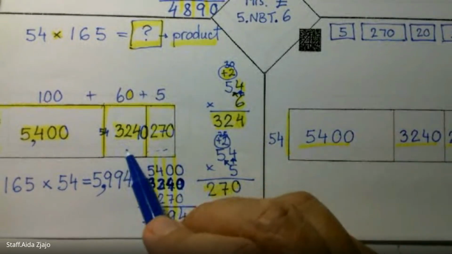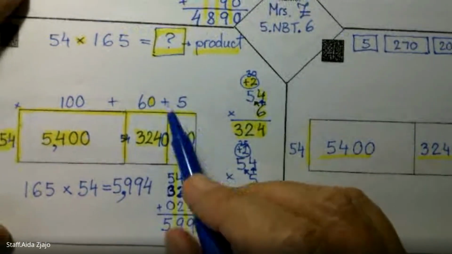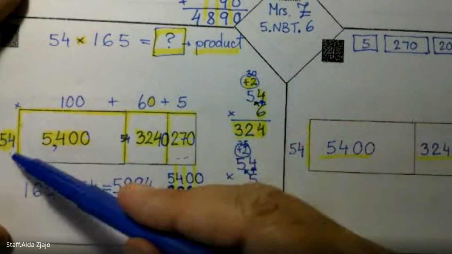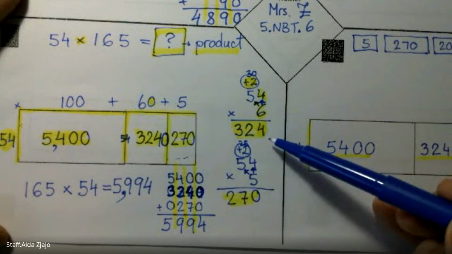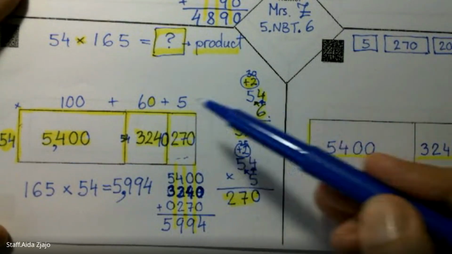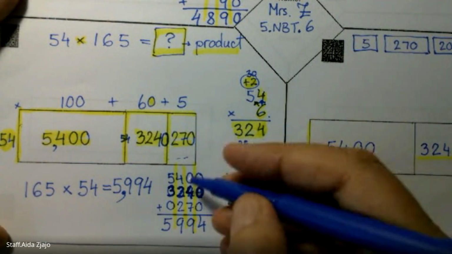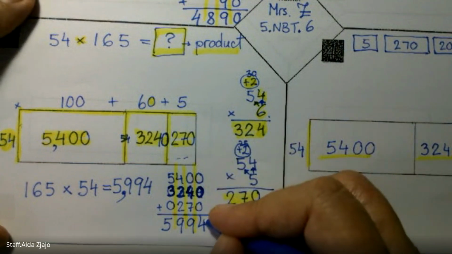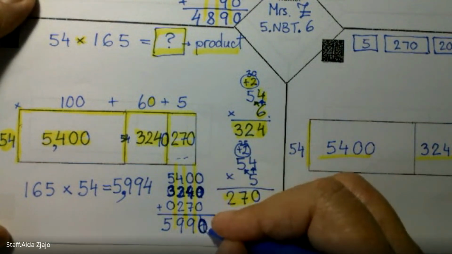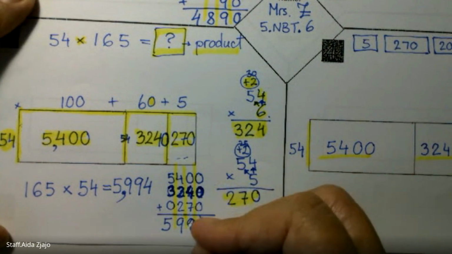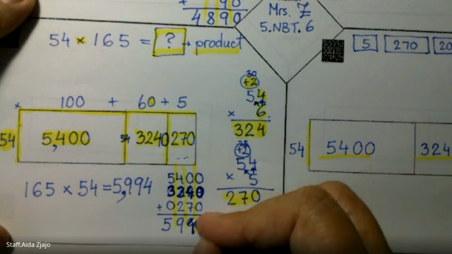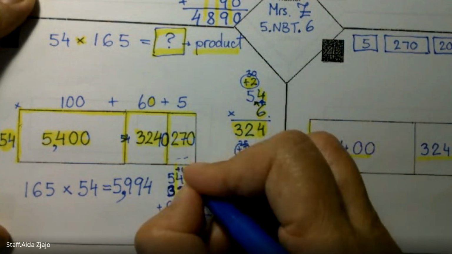So now instead of 324, I actually needed 3,240 because I multiplied 54 by 6 and I got 324. But it wasn't 6, it was 60. So I needed to add a 0 to the end. So now 0 plus 0 plus 0 is 0. And now 4 plus 7 is 11. Remember 1.